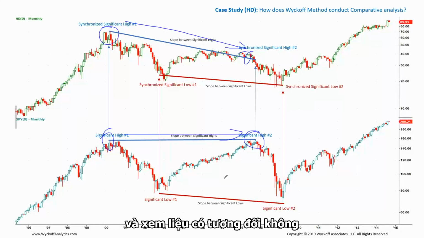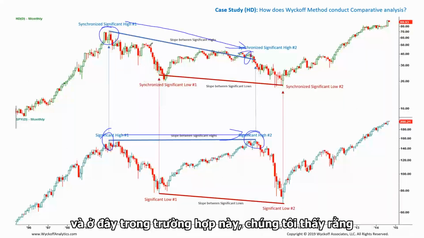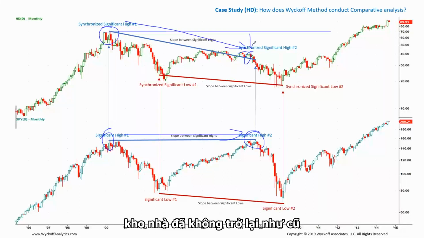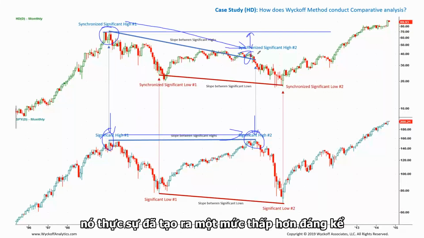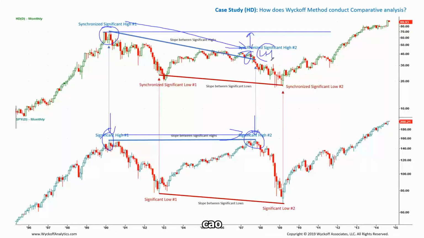And see if comparatively the price makes the same, comes back to the same high. And here in this case, we're seeing that Home Depot did not come back to the same high. The market has, right? So from significant high number 1 to significant high number 2, the stock has not. It actually created a significant lower high.